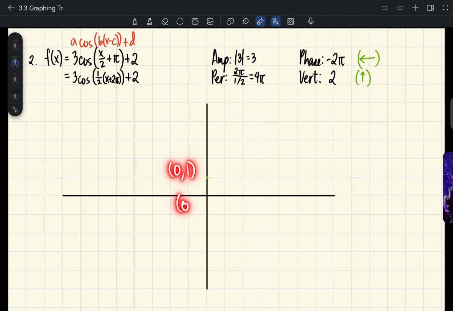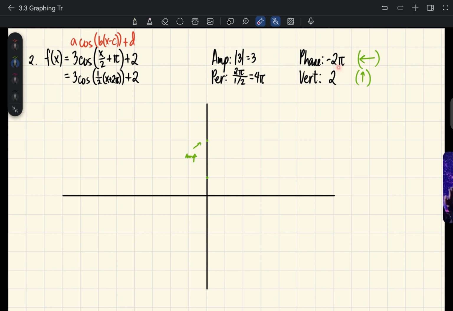So from 0, 1, we'll have 0, 3. So we're starting actually not with 0, 1, but with 0, 3. So why are we starting right here? That's because of the amplitude. Then from here, we can now proceed with your phase shift.